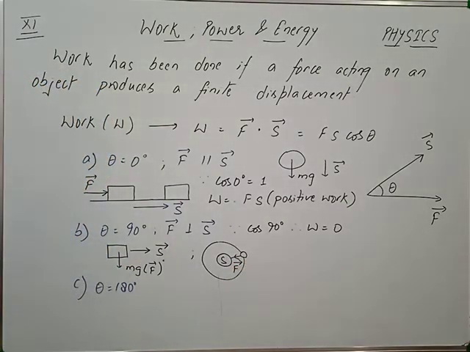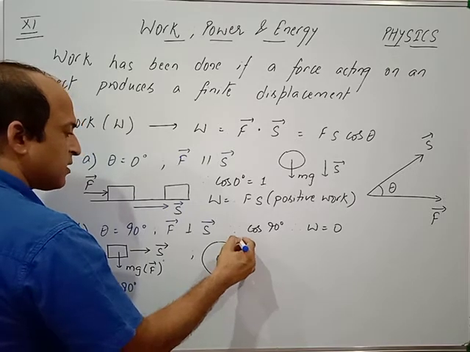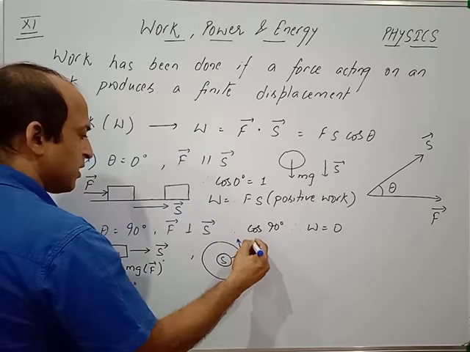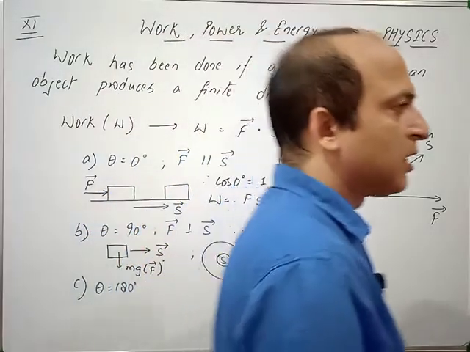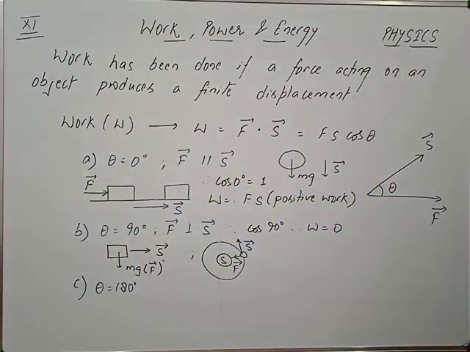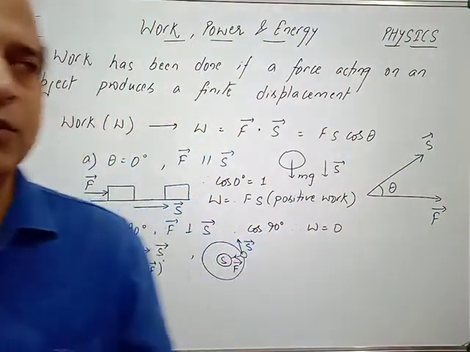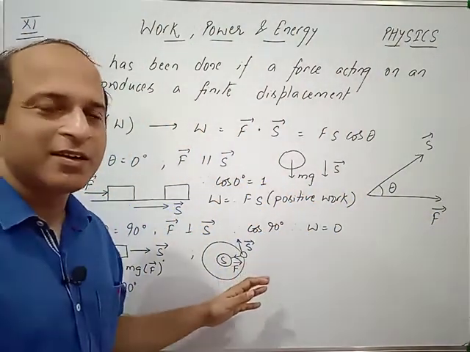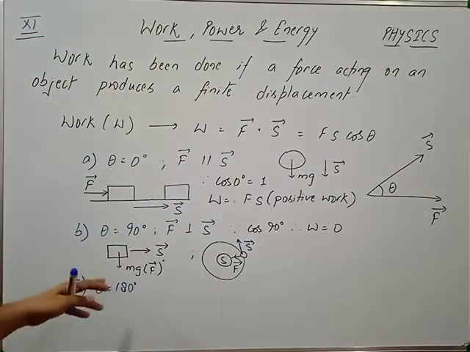Now, the displacement of the planet is tangential. Since the displacement is along the tangent and the force vector is along the radius, theta is again 90. Hence work done in this case will again be 0. So work done by the gravitational force in case of revolution of a planet around the sun is 0.